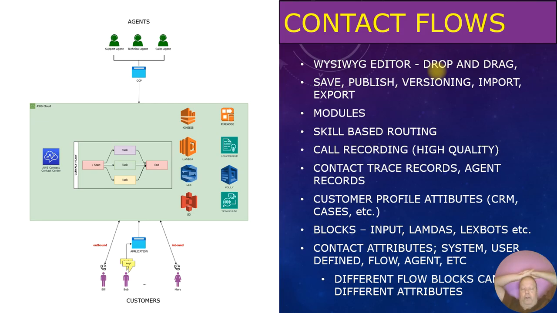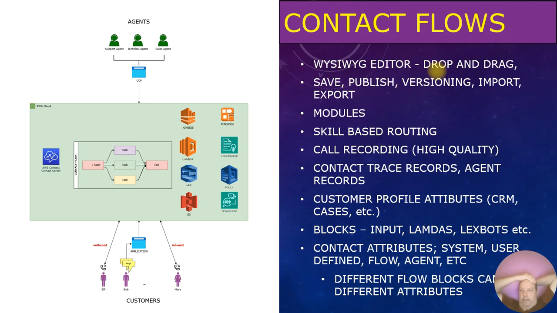The goal is to use skill-based routing, which means we're putting certain calls into a queue where, if it's a sales queue, it's a sales expert. If the call is going into a technical support queue, it's a technical support expert. And we're getting high quality call recordings because Amazon's making sure that happens.